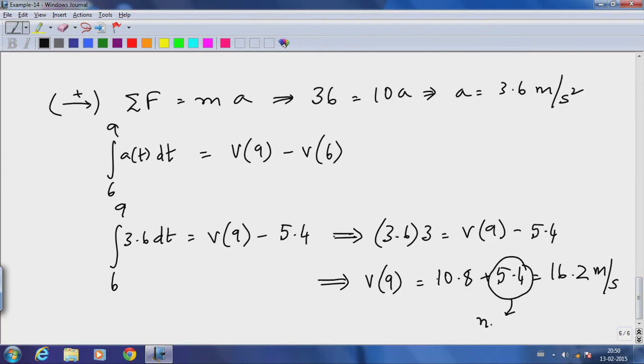So, this 5.4 meters per second of velocity was acquired under no slip conditions, and an additional 10.8 meters per second was acquired under slipping conditions, and the actual velocity of the hoop at 9 seconds is 16.2 meters per second. So, this tells us how to analyze motion when you have two separate situations happening, a part of time when slip was not happening and then a subsequent part of time when slip was happening.